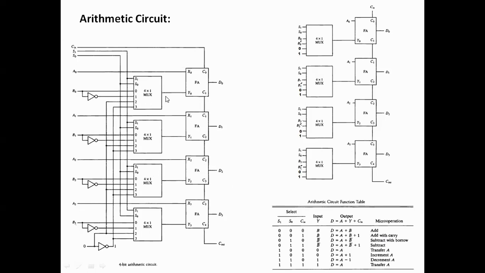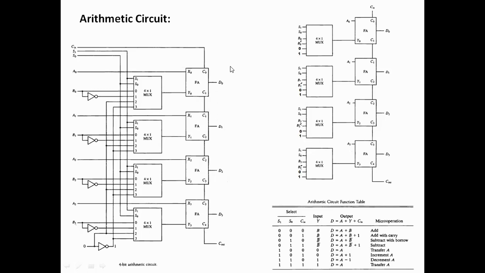And what is going on here? We say we have two numbers, A and B. So this is A0 going here, then A1 going here, A2 going here, and A3 going here, right? And we always have an initial carry that is going here, fine. These are outputs, first, second, third bit, fourth bit, and a final carry output.